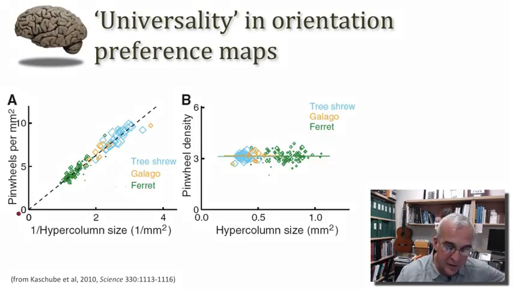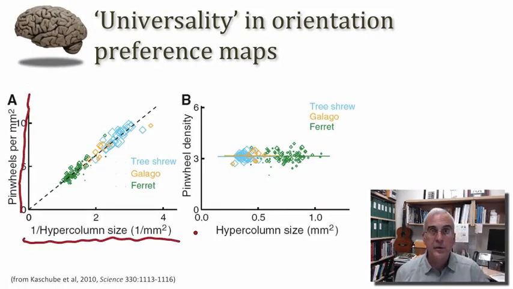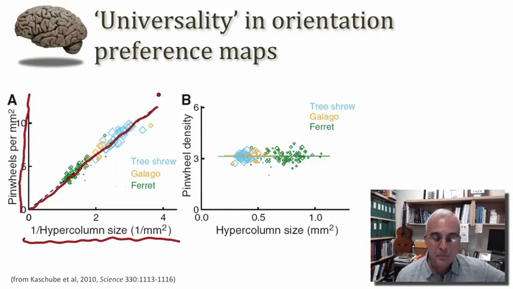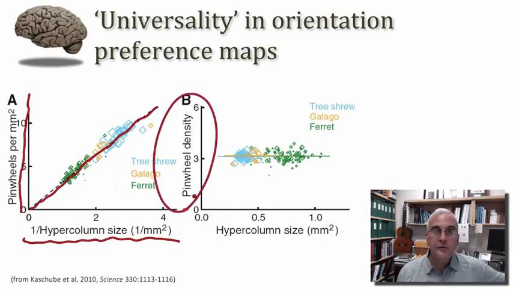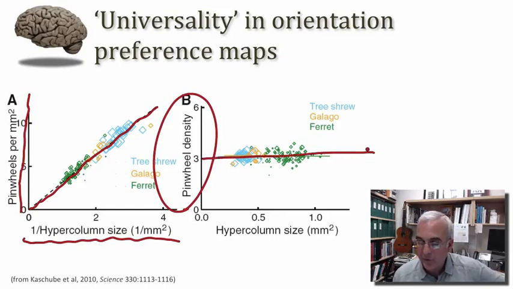And when we plotted the density of pinwheels in units of area of measurement and related that to the overall size of the pinwheel, something that we call the hypercolumn size, what we found is that all the data points seem to follow along a single line. And when we simply divided these two axes from one another, that allowed us to generate a dimensionless expression called pinwheel density. What we found was that now all of these data points fall along a horizontal line.